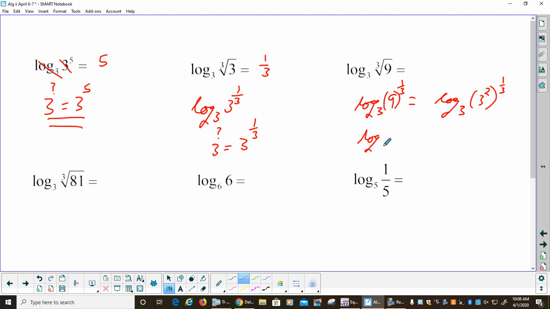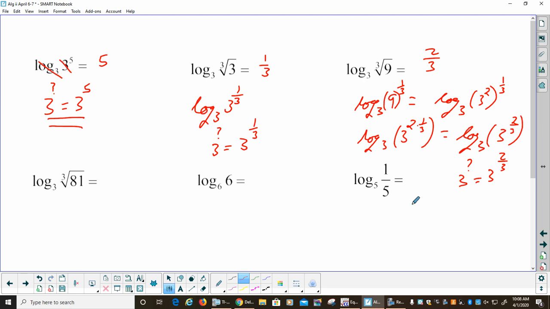So it's log base 3 of 3 to the 2 times a third, or log base 3 of 3 to the 2/3. Rewriting it, 3 to what power is 3 to the 2/3? 2/3.